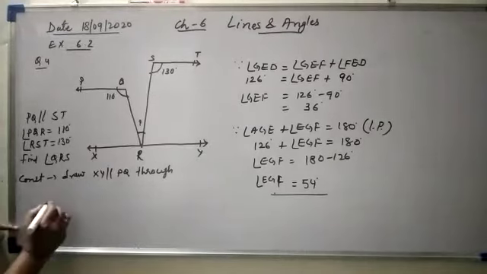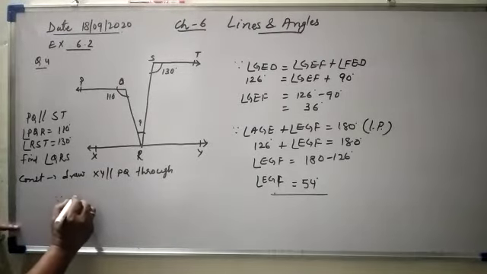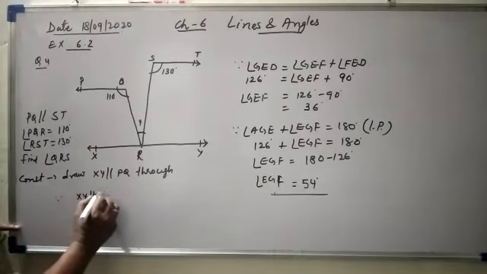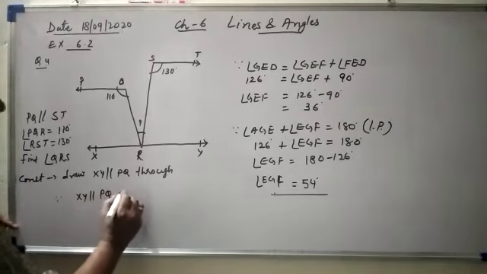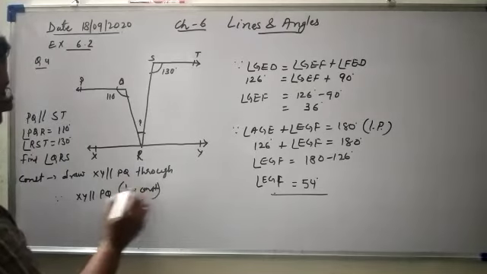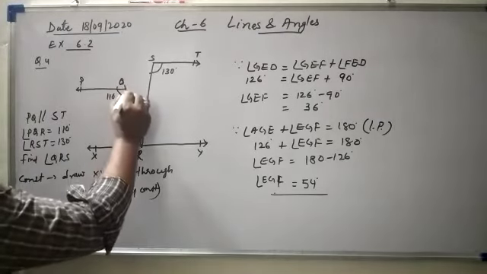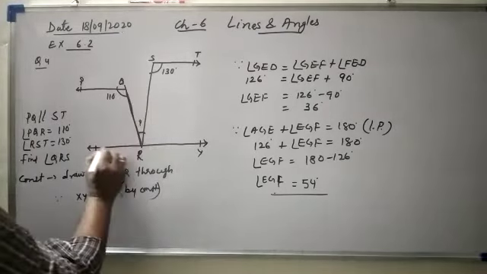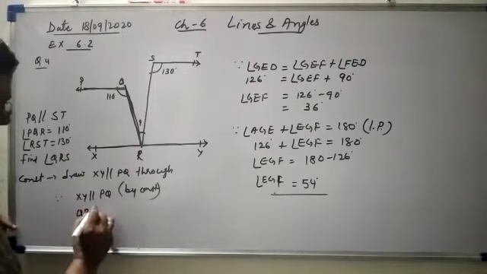Now because XY is parallel to PQ, this is by construction, and this QR, okay, this line is parallel to this line, then this QR is a transversal.